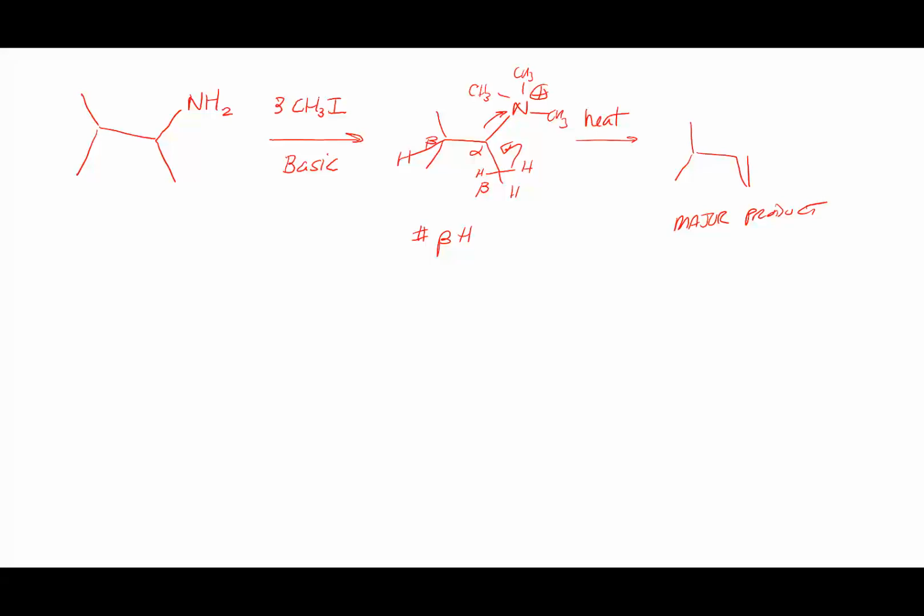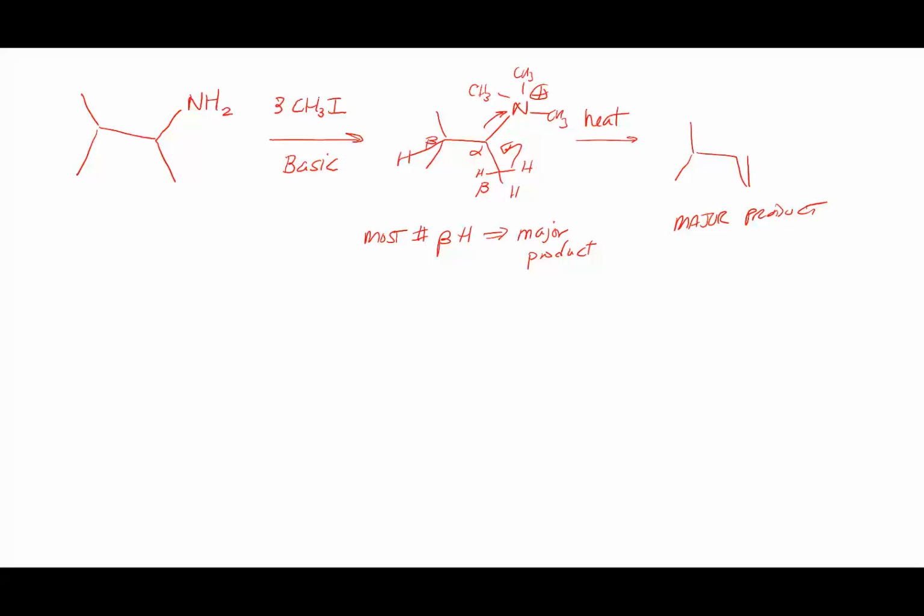And so this rule, that the carbon with the most beta hydrogens is going to become the major product, I could restate a little bit by saying that the major product is based on the hydrogen becoming anti-periplanar to the leaving group.